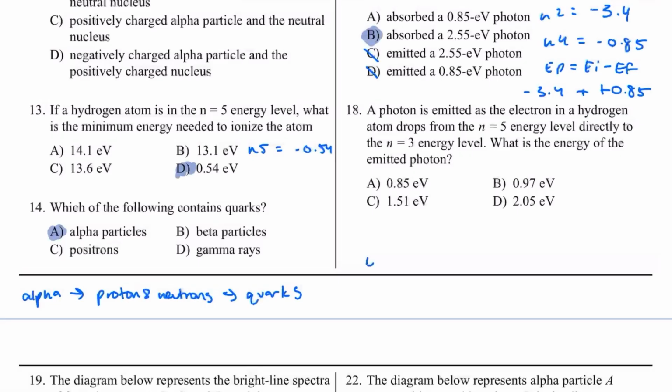E photon equals Ei minus Ef. n=5 is negative 0.54, and then n=3 is negative 1.51. So plug that in, negative 0.54 minus negative 1.51. That is going to be B.